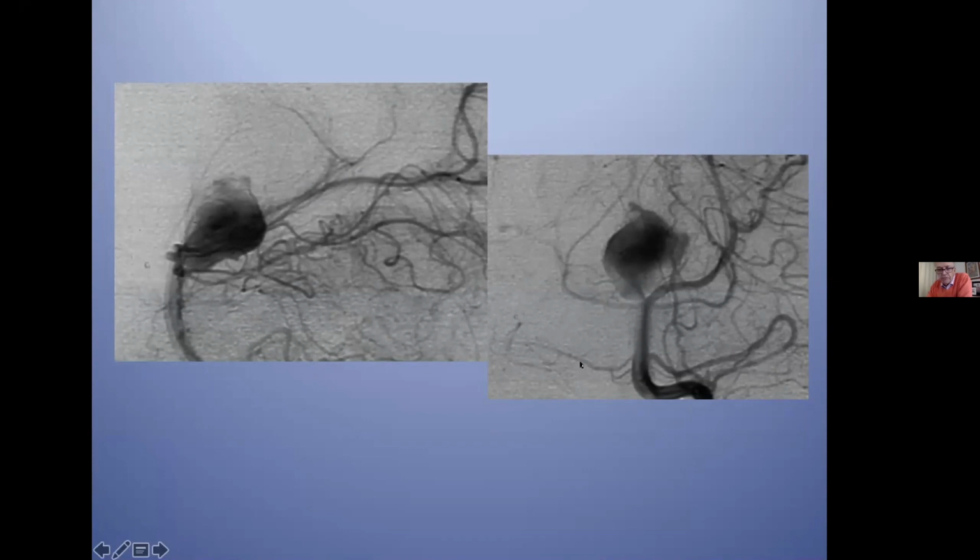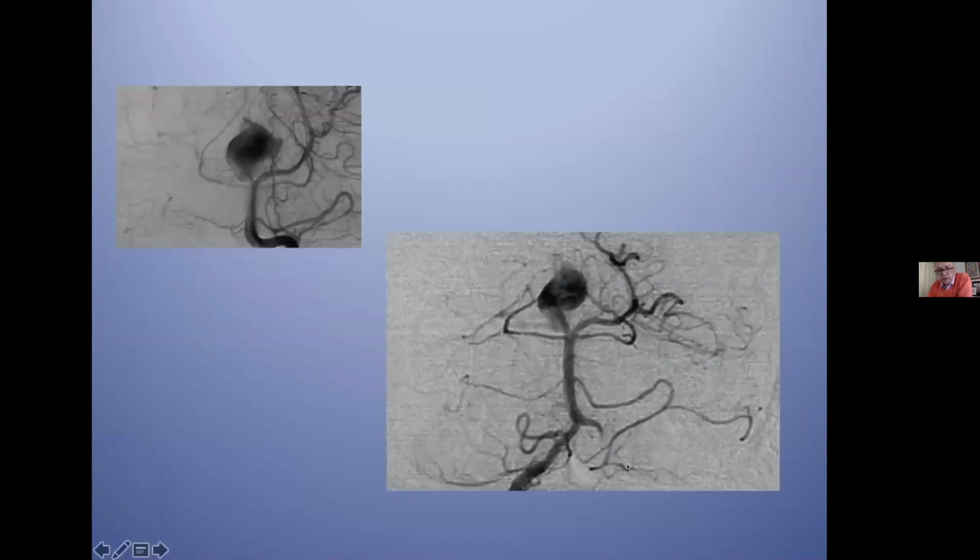The first treatment for me was to place one balloon in the dominant vertebral artery and close this artery to decrease the flow in the aneurysm.